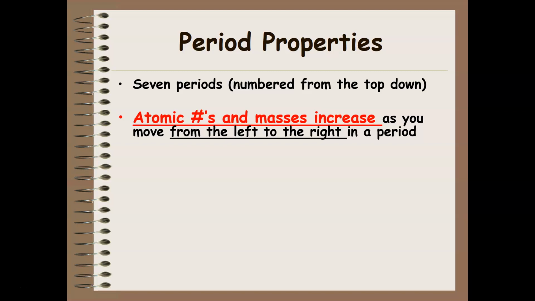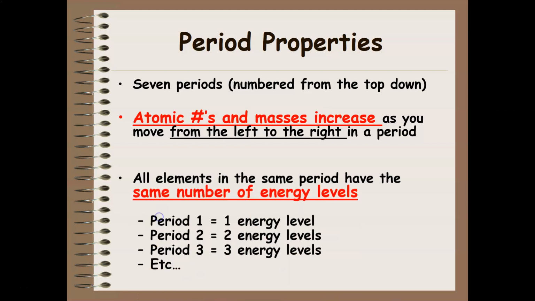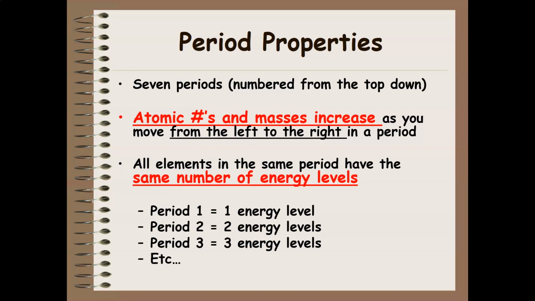The other thing that's interesting about the periods is that all elements in the same period have the same number of energy levels. If it's in period 1, it only has 1 energy level. If it's in period 2, it has 2 energy levels. If it's in period 3, it has 3, and so on. Remember, energy levels and orbitals are not the same thing. Energy levels is the bigger, broader category.